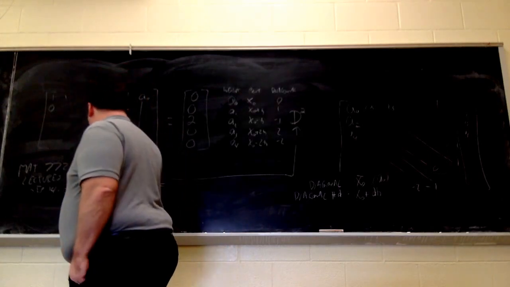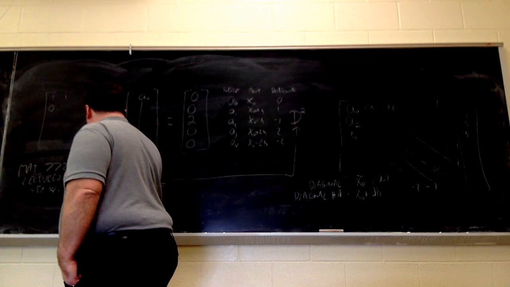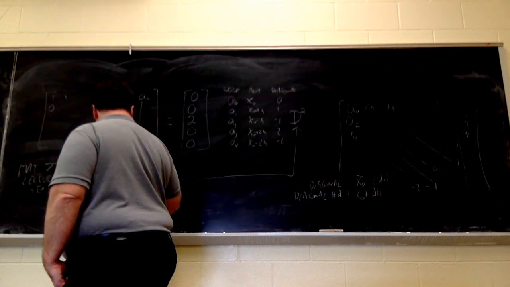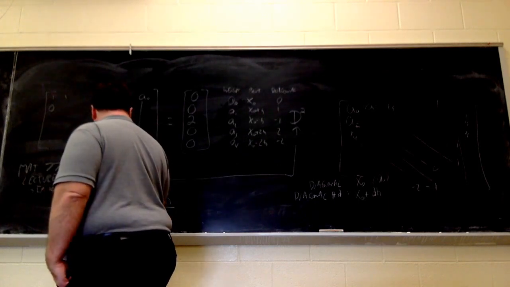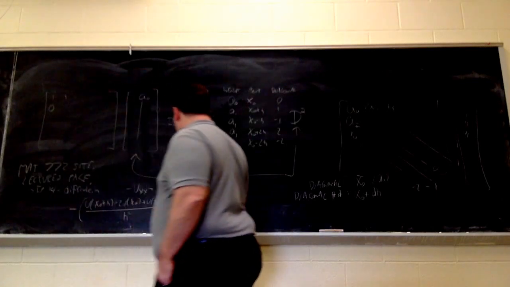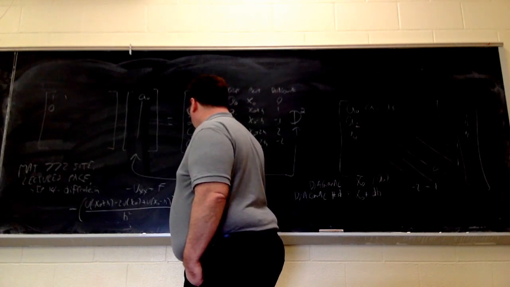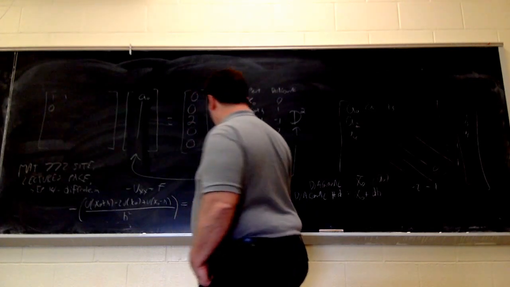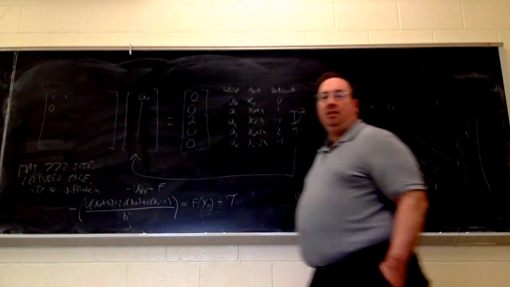So then you have minus u of x naught plus h minus 2u of x naught plus u of x naught minus h, all over h squared, equals f at x naught plus local truncation error.